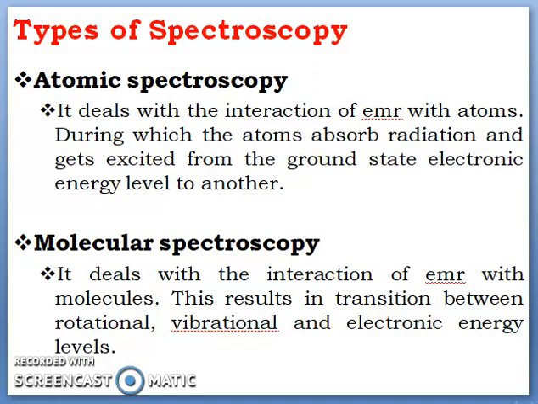And if the interaction takes place with a molecule, then it is called molecular spectroscopy. In a simple way, atomic spectroscopy deals with the interaction of electromagnetic radiation with atoms, whereas molecular spectroscopy deals with the interaction of electromagnetic radiation with molecules.